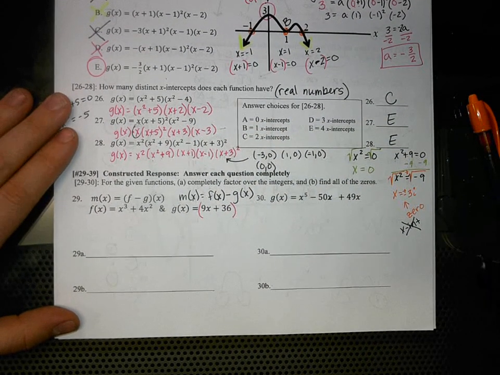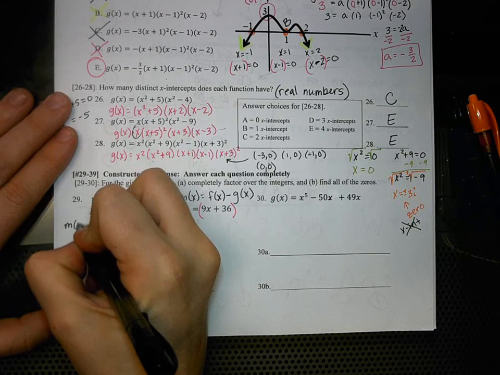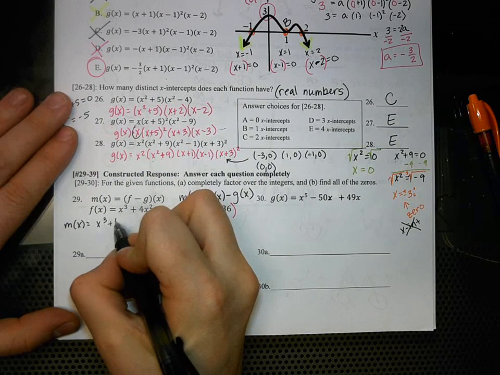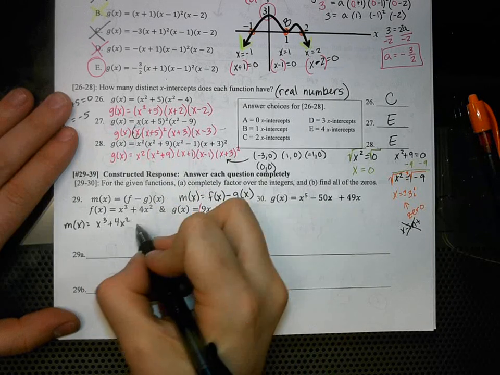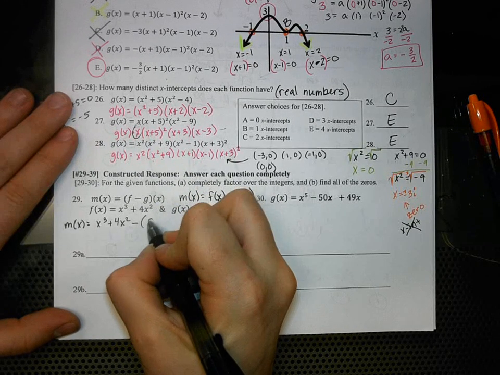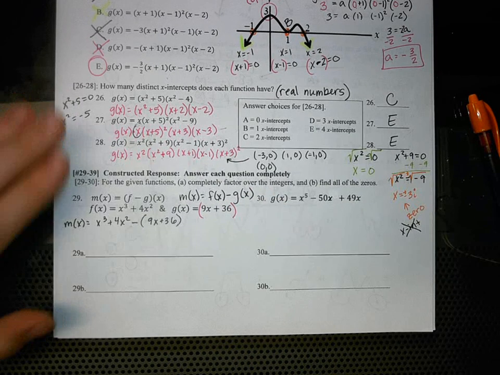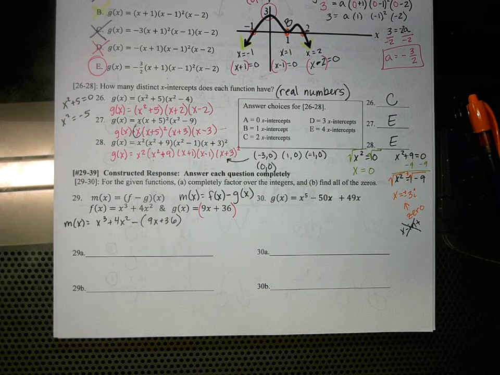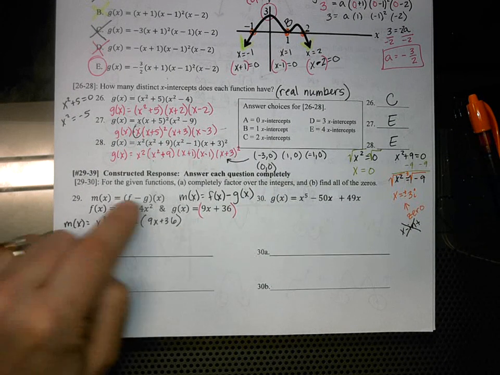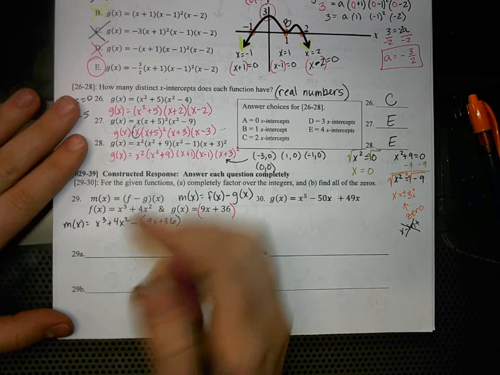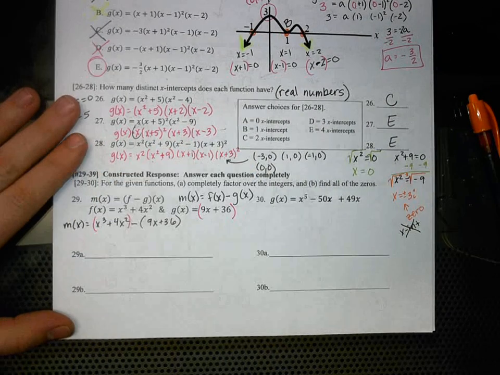So m of x is equal to x cubed plus 4x squared minus parentheses 9x plus 36. I have two options right here. I could distribute that negative and then factor everything out, or I could just factor it by grouping right now. I'm just going to group the other two together.